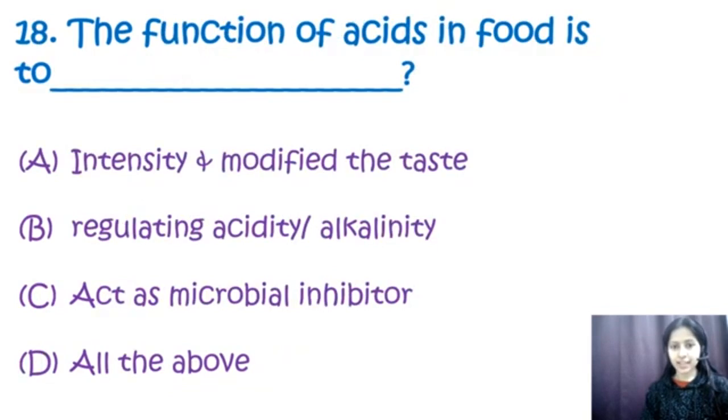The function of acid in food is to: option A intensify and modify the taste, B regulate acidity and alkalinity, C act as a microbial inhibitor, D all of the above. The correct option is D, all of the above. Few examples of food acids include acetic acid in vinegar, tartaric acid, malic acid, folic acid, fumaric acid, lactic acid, and others.